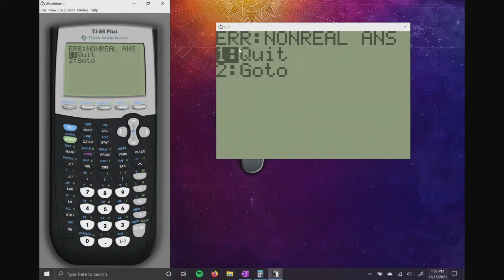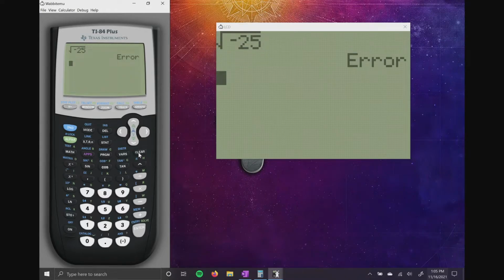Now, if I type in the previous problem, how about negative square root of 25? Notice when I hit enter, it says negative 5. That's because the calculator did the square root of 25 first and then multiplied it by negative 1.